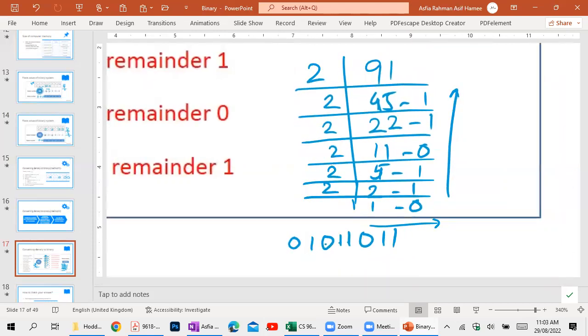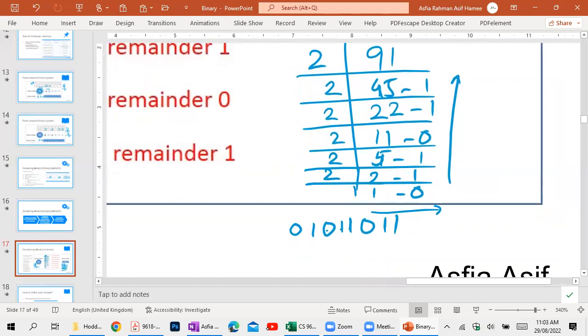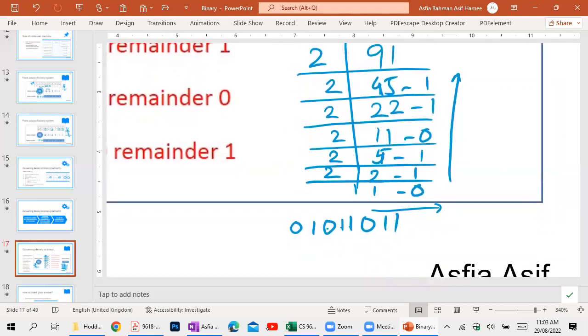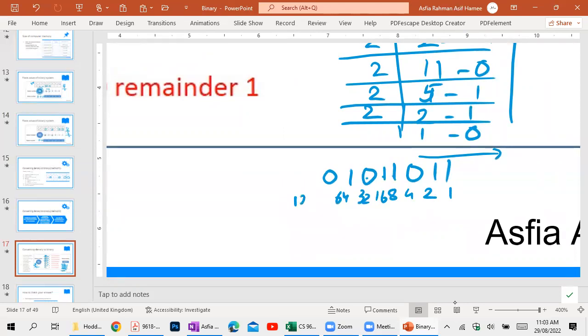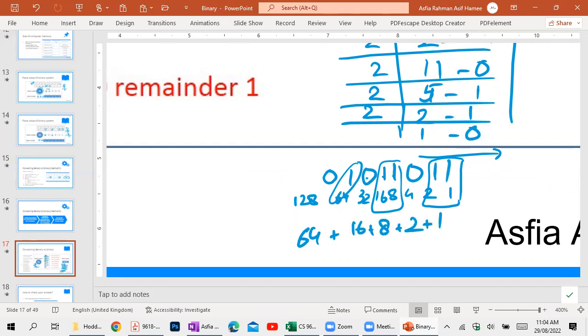How to check your answer? First, what did we have? 1, 2, 4, 8, 16, 32, 64 and 128. These are on, so we are going to add them: 64 plus 16 plus 8 plus 2 plus 1.